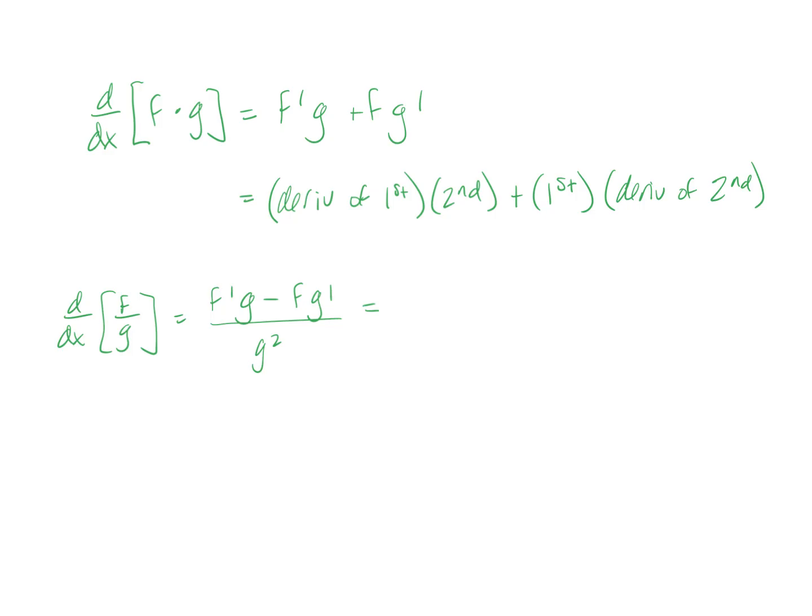So f is the numerator, g is the denominator. So f prime g is the derivative of the numerator times g, which is the denominator, minus f, which is the numerator, times g prime, which is the derivative of the denominator, all over g squared, and g is the denominator, so this is the denominator squared.